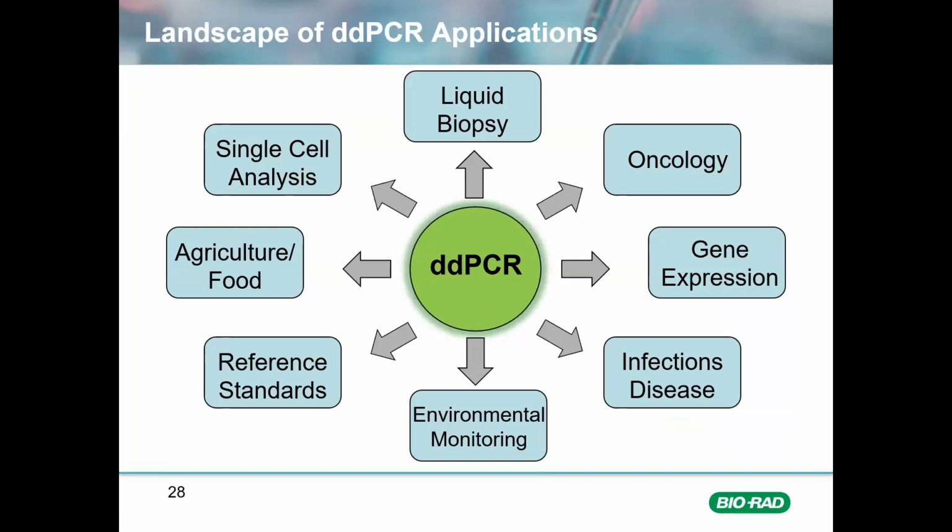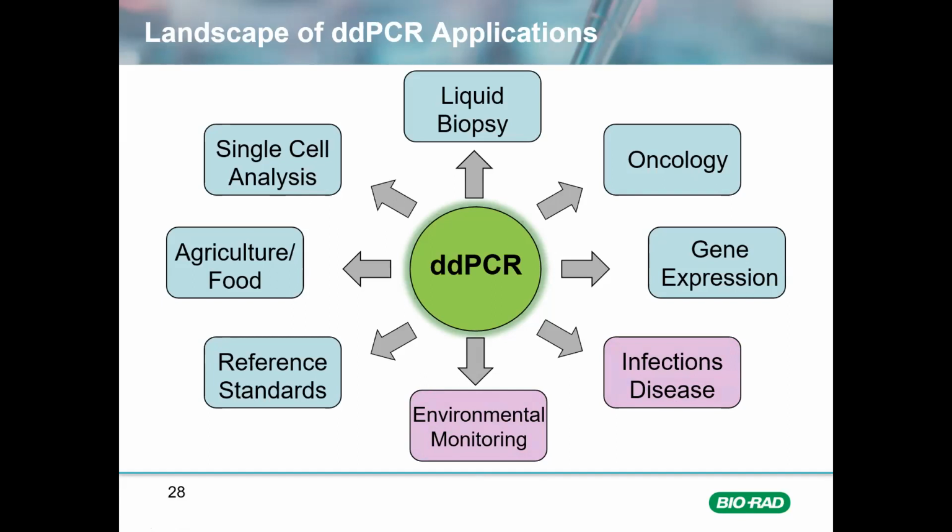So from last week's presentation, I showed this figure for the landscape of ddPCR application, which covered various applications that ddPCR is being used for. And I alluded to that for today's presentation, we were going to be focusing on looking at infectious disease and environmental monitoring. So for today, we're talking about COVID-19, which is an infectious disease, and we're looking at detecting that in environmental samples.